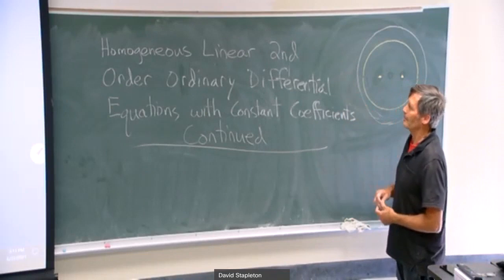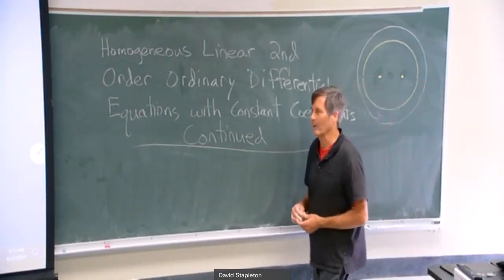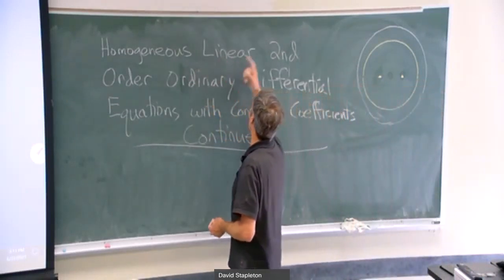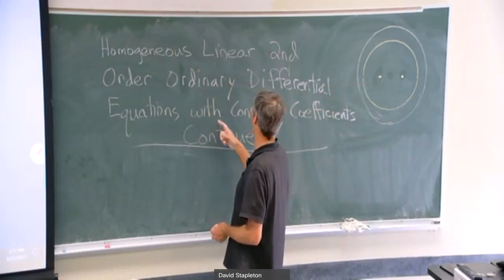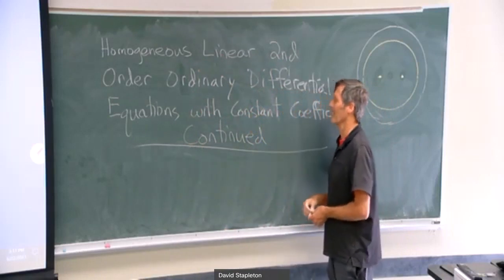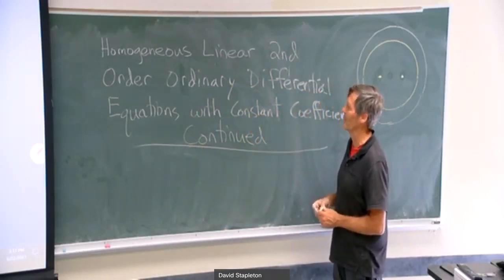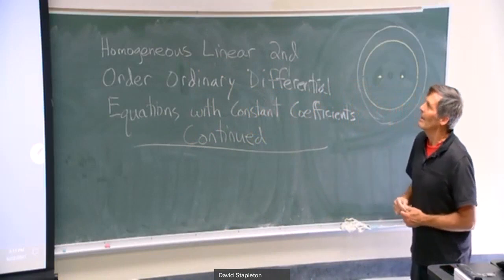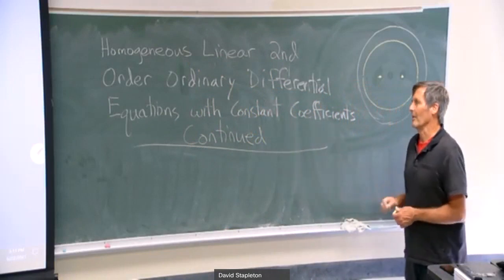All right, today we're going to continue what we were doing last time about homogeneous linear second order ordinary differential equations with constant coefficients. Continued. How about that? We said that's a mouthful. I had to write it up beforehand so I don't take 5 minutes getting started here. And what are these?